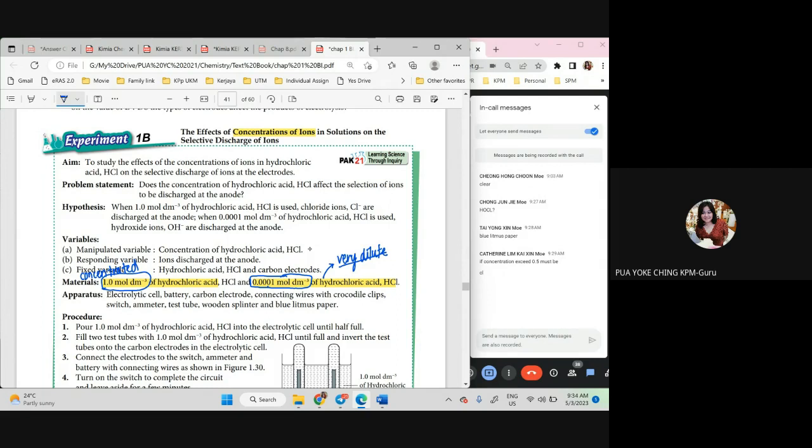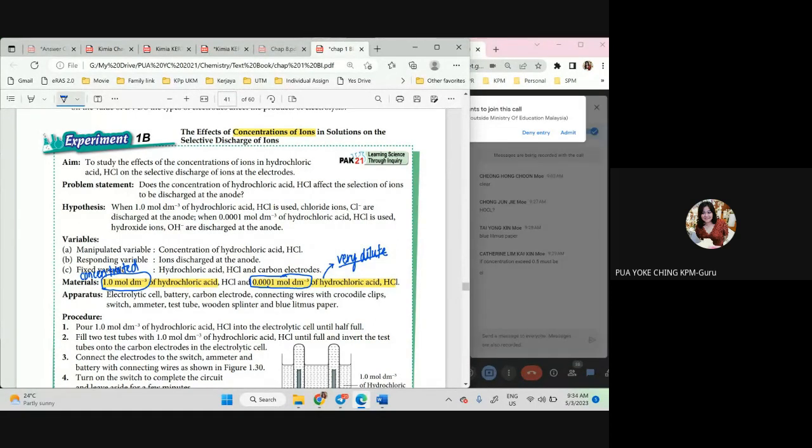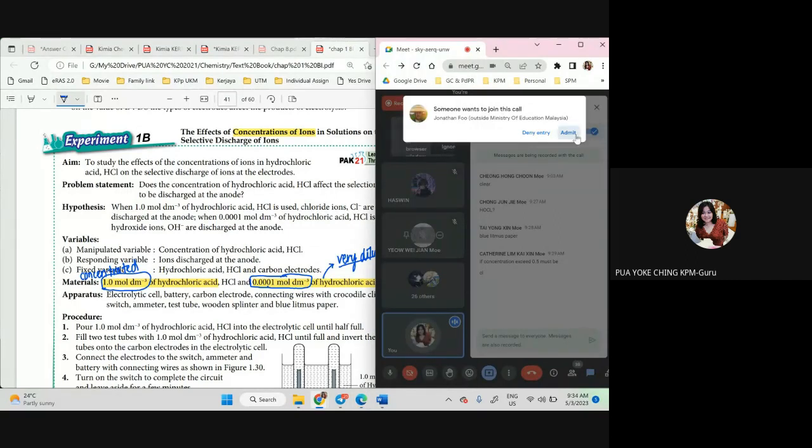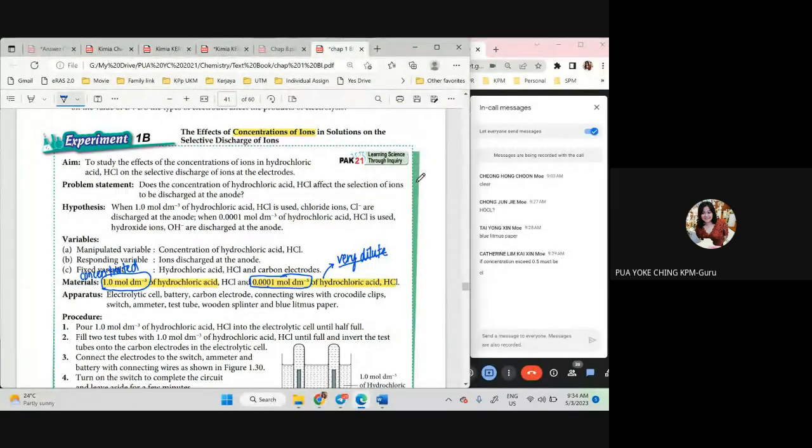Tapi for better, and sebab kita tak tahu kan answer scheme macam mana, if you are the one who is asked to suggest, kalau kamu adalah yang diminta untuk cadangkan, yang kamu cadangkan mesti these two lah. Satu 1 mole, satu 0.0001.